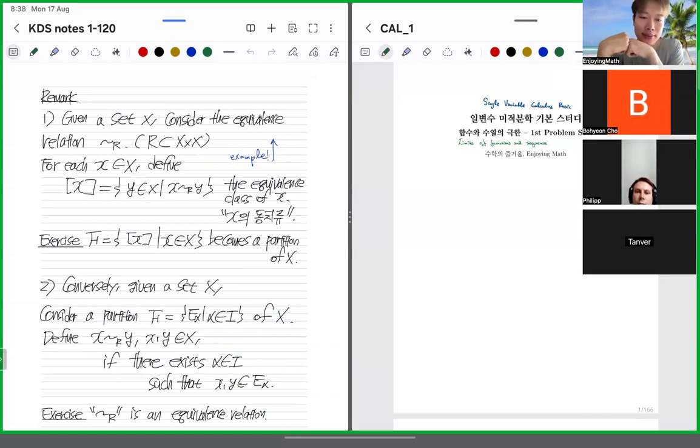For example, we know that equivalence classes are defined by, let's say, for any class, we have all of the elements in our original set. It's a little bit hard to describe. If we have an equivalence class, let's say small b, we have the class of b. The elements of this class are all the elements in the original set such that those elements have an equivalence relation with b. Does it make sense?